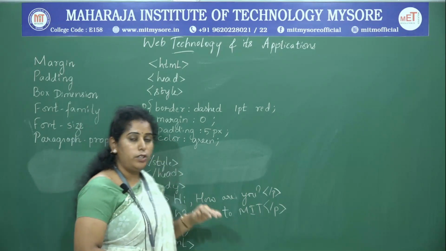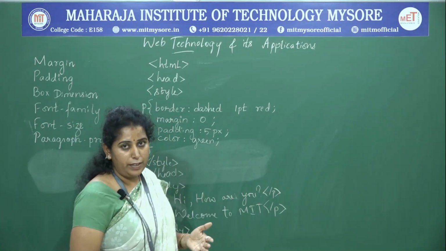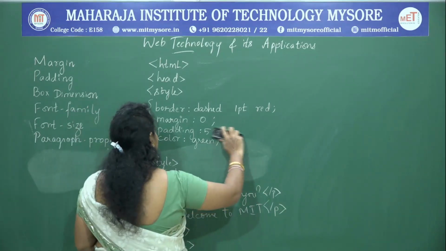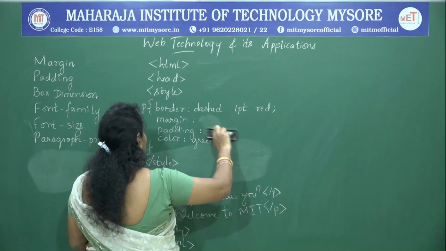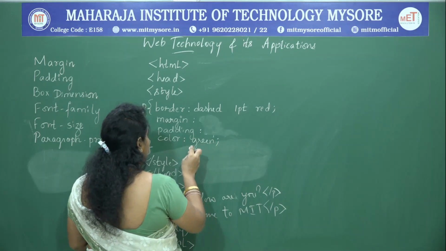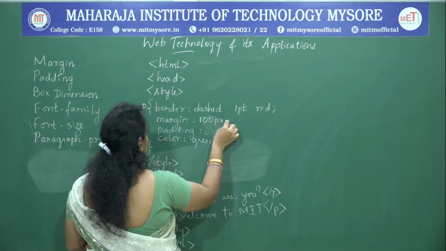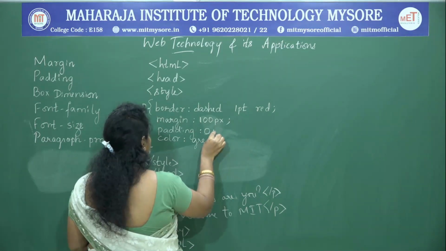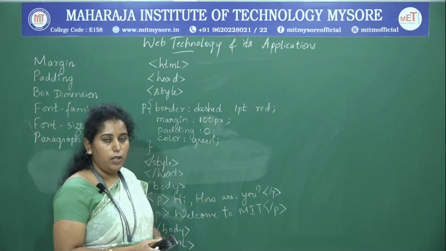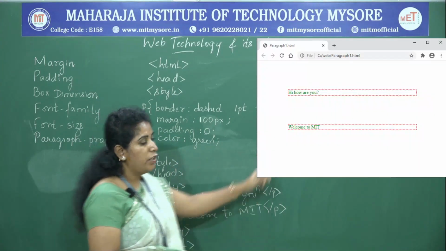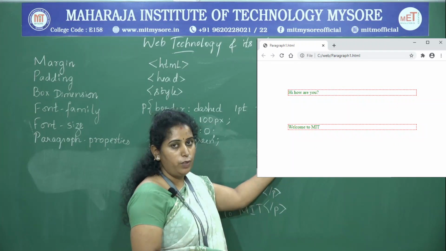Now, in order to make it more understandable, I am going to change the values like this. I will give margin as 100 pixel, then padding as 0. Okay. So the same program I will run once again. Now you observe the output carefully.